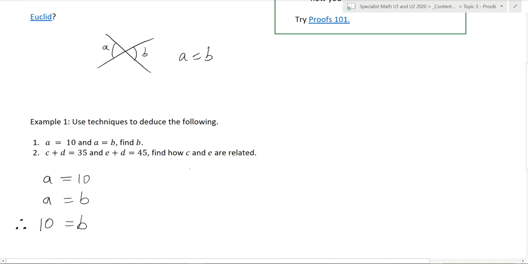So let's have a go at the second one. So we know that C plus D equals 35, and we know that E plus D equals 45. So we want to find how C and E are related.